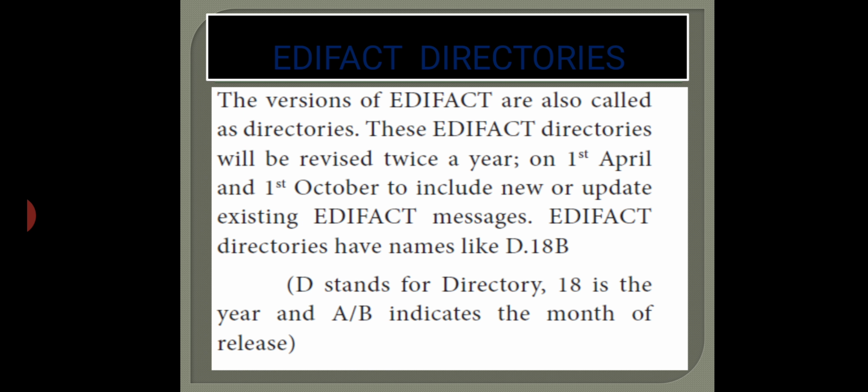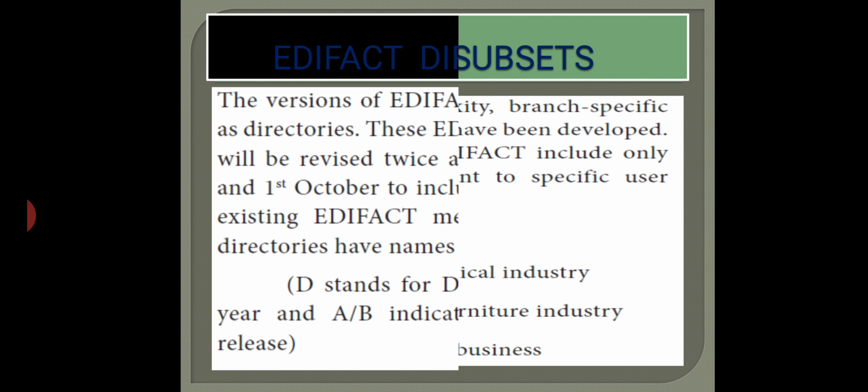Here D stands for directory, 18 is the year, and A or B indicates the month of release. So it is updated twice a year, on 1st April and 1st October.